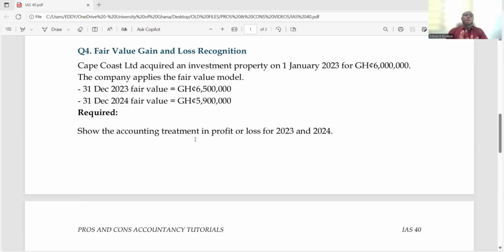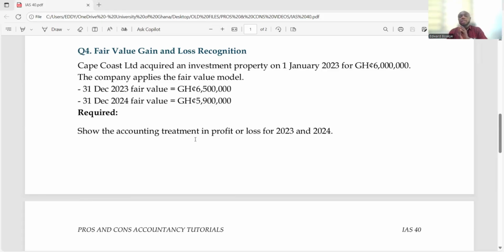Now, what will be the effect in the P or L? Please, P or L is for 1 year. The gain that we got in 2023 will go to the 2023 P or L, and the loss we got in 2024 will go to the 2024 P or L. So the net effect will happen in the retained earnings, because all profit and loss goes to retained earnings.